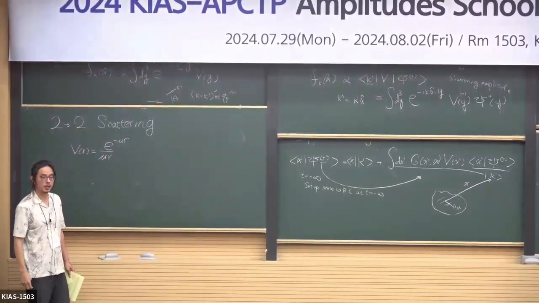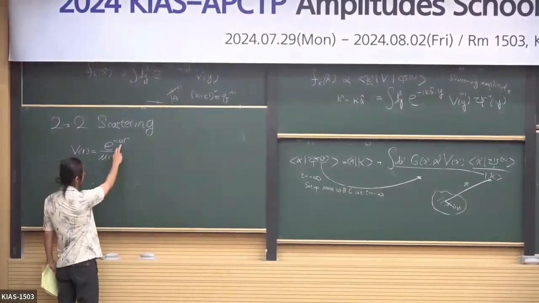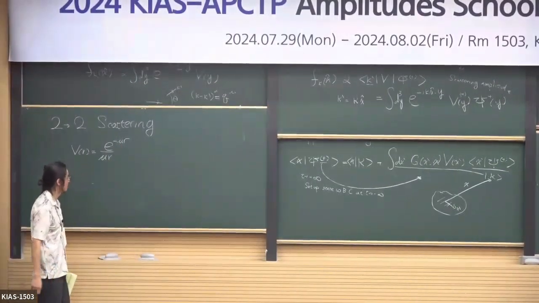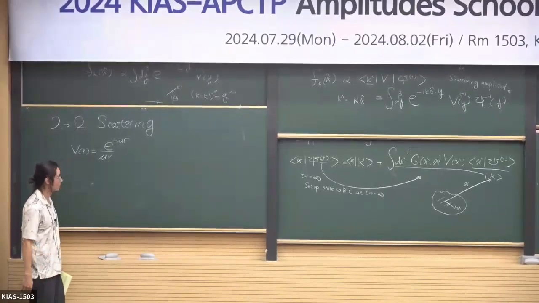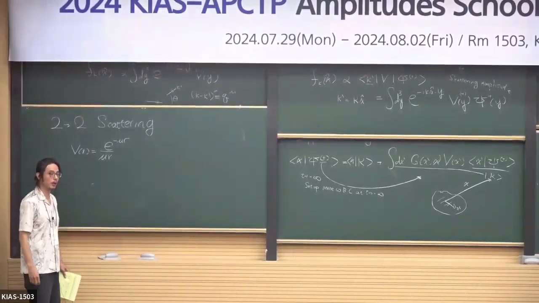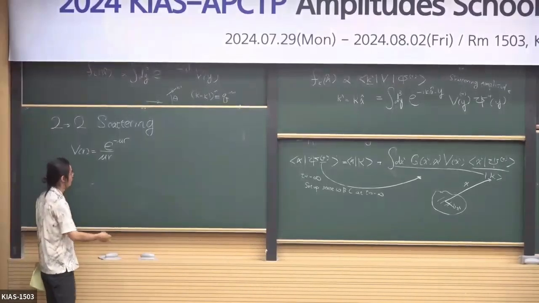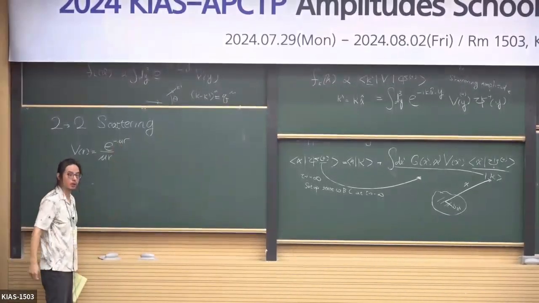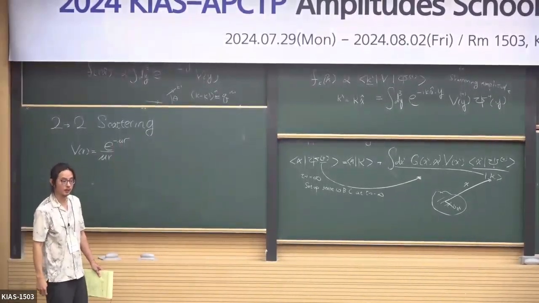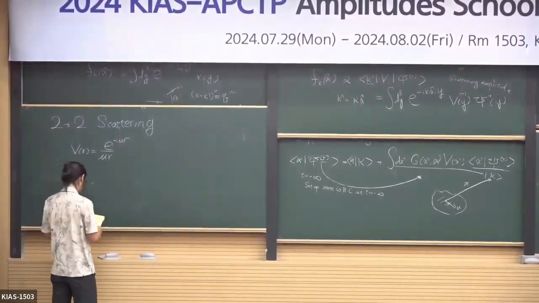So there's an exponential suppression related to how large your mass is. Compared to the usual long-range force, which is just a 1 over r potential, I can formally treat that as the limit where mu goes to 0. Okay, so formally I can do that.